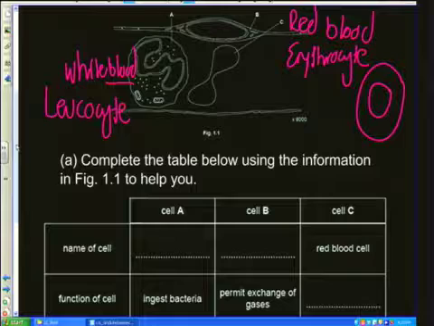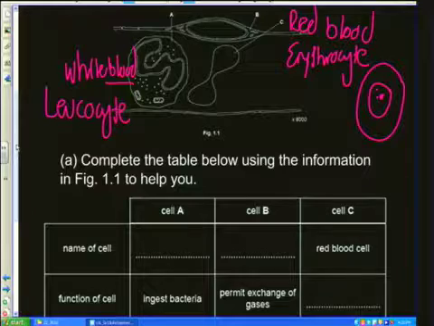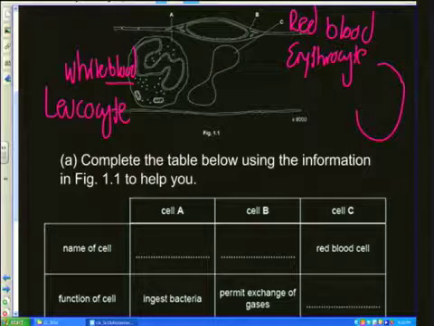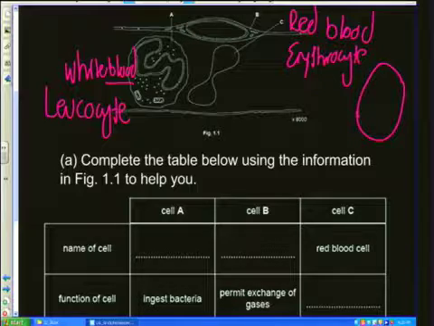It is a cell that has no nucleus, and that is a good thing, because if we had a nucleus, the nucleus takes up space that the red blood cell doesn't necessarily want to give. Why? If I take away my nucleus, I can fit a lot more iron pigment in my red blood cell.